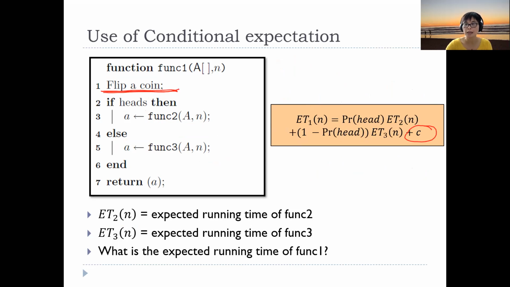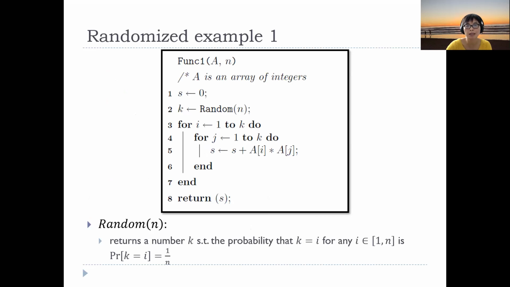Okay. All right. So both of these are rather intuitive, but this basically says that when we are given a randomized algorithm, this helps us break it down into small pieces and then assemble them to get the expected running time of the entire algorithm. So these are the two typical cases we see.